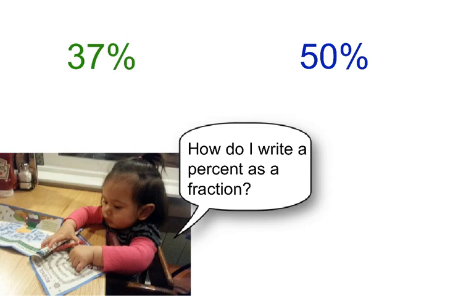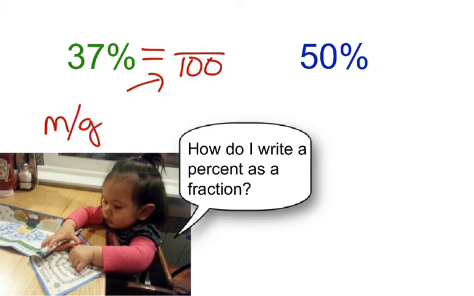So how do I write a percent as a fraction? Well, let's look at an example like 37%. Again, our goal is to set any percent equal to a fraction out of 100. So that's our first step. Percent means per 100. And if you've seen miles per gallon, we have this little per sign.